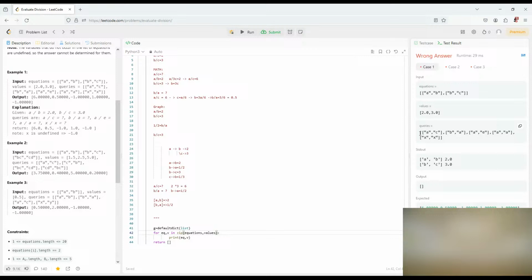Okay, so what we have here is AB 2. Perfect. Yeah, this is what we need. Okay, but we have to split the equation into AB. Let's do AB equal equation. And then we add to the graph. No, I can, but I have to create a backwards equation not only for AB, but also for BA. So here we go.